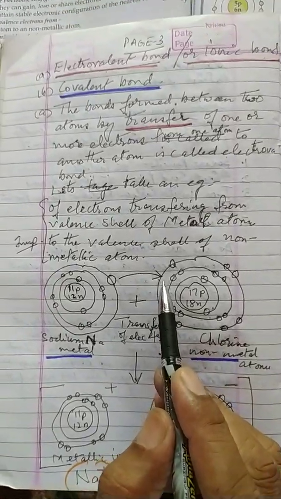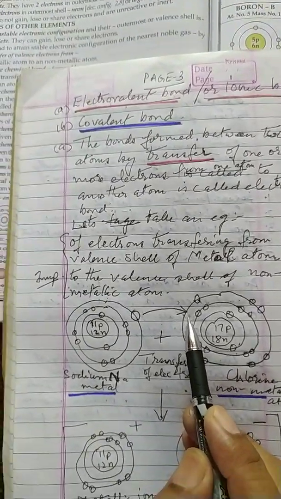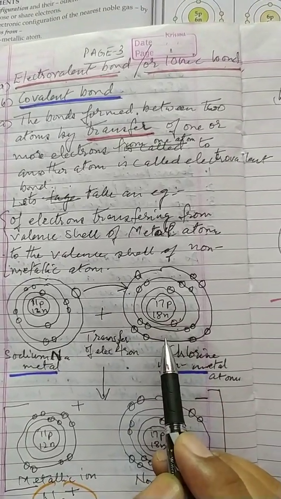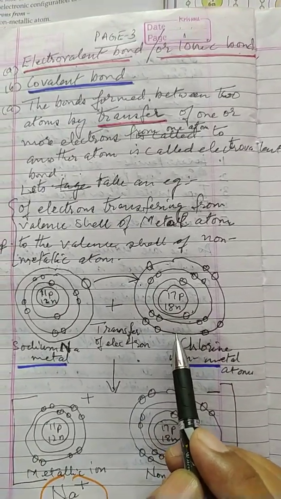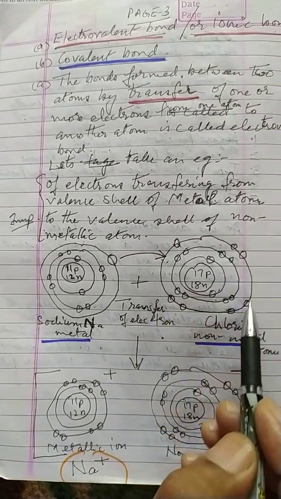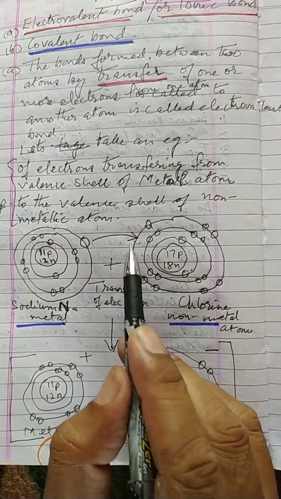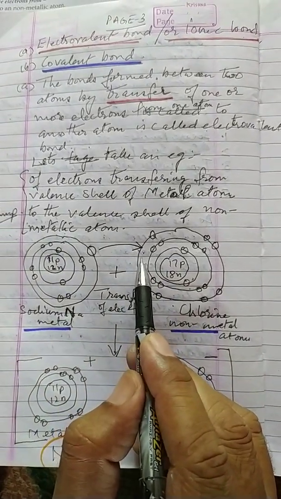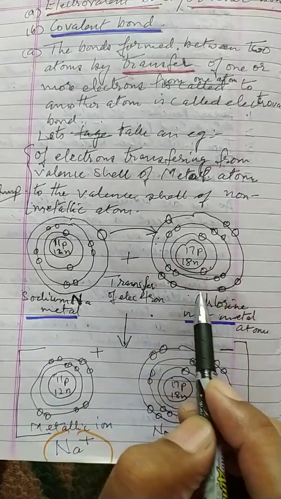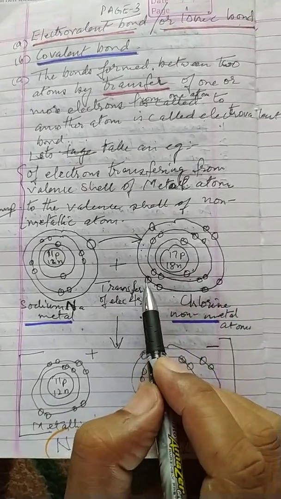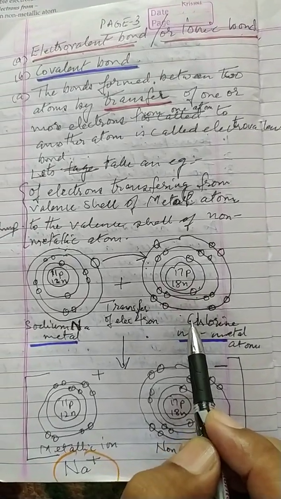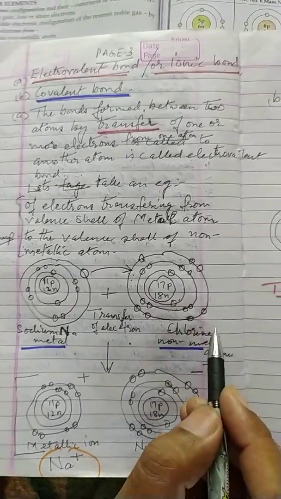So chlorine requires 1 more electron to become like argon, which is the nearest noble gas to chlorine. Argon contains 8 electrons in its outermost shell. So if chlorine gains 1 electron, it will have its octet complete, its outermost valence shell complete, and it will have a stable electronic configuration just like the noble gas argon.